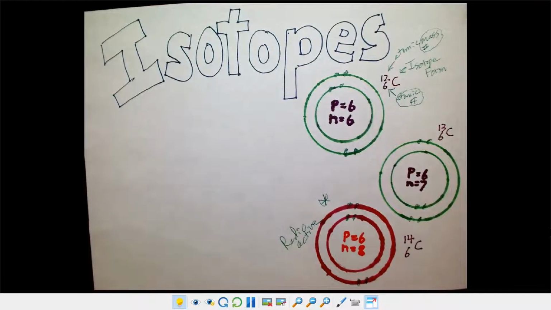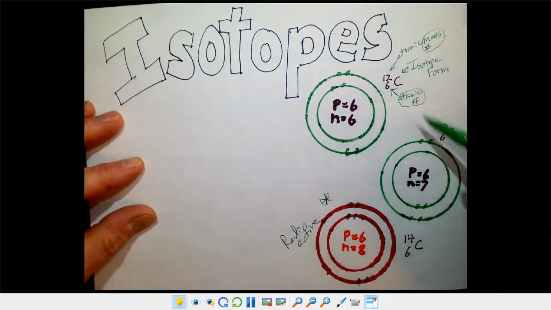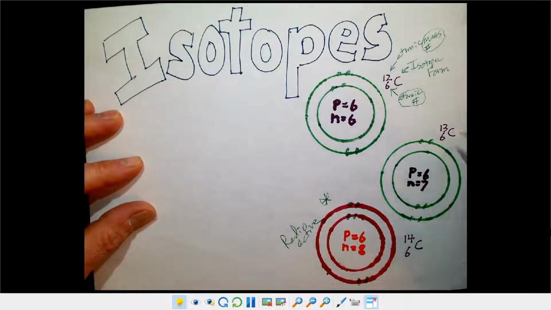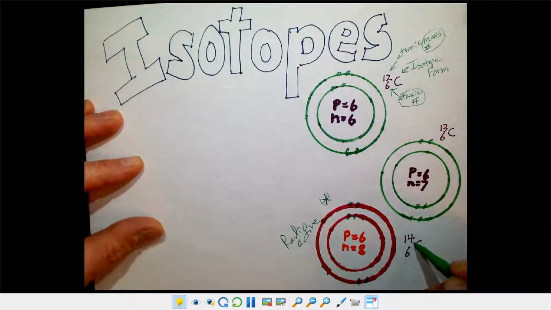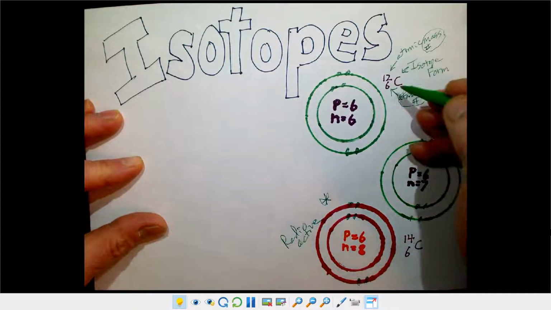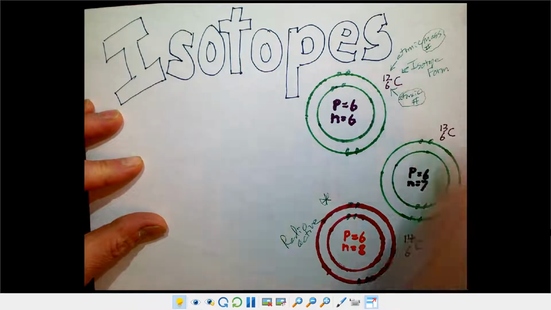They take a sample of carbon out of the environment, and then they actually figure out, okay, well, how much of it is carbon 12, how much of it is carbon 13, and how much of it is carbon-14. And so most of the carbon in the world is in the form of carbon-12.